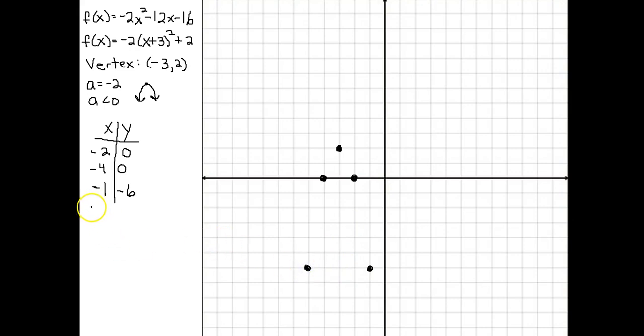Negative 5, negative 6. And there you go. There's that parabola.